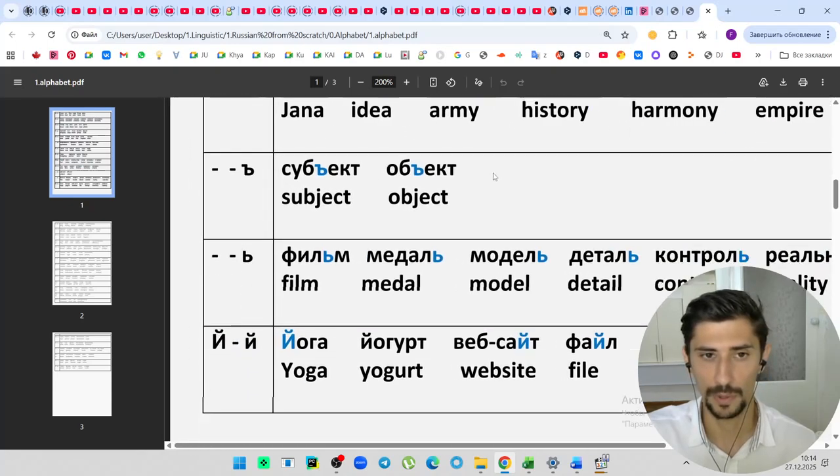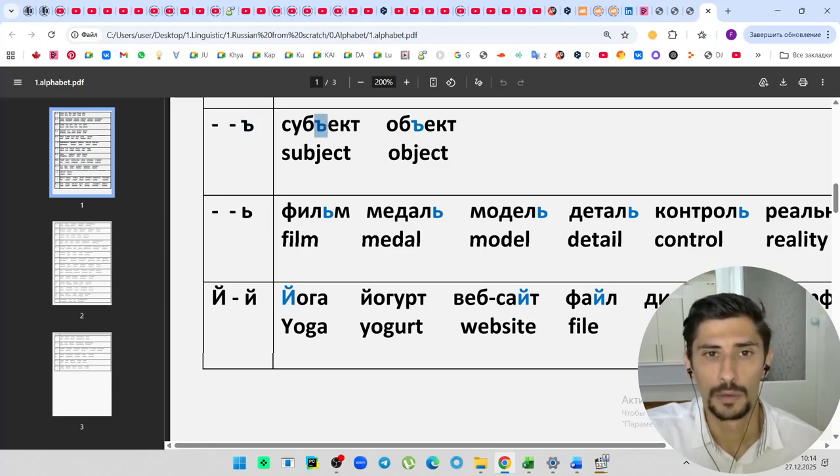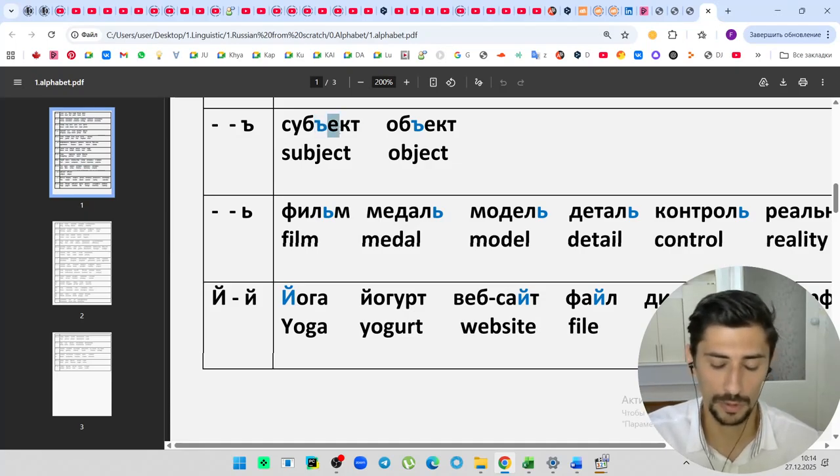Okay, next example is the hard sign. As you can see, it's a little bit similar to the soft sign. But actually, I think we don't pronounce it. I think it makes the next letter always pronounced harder.